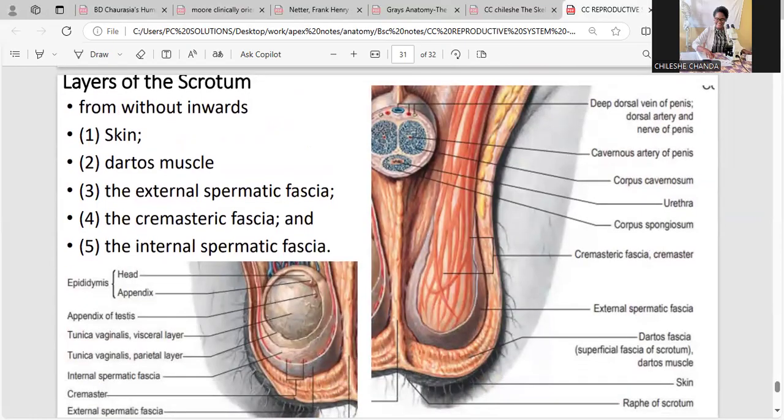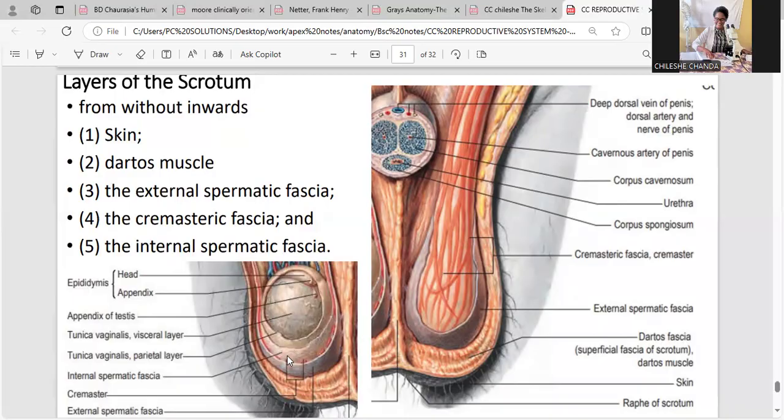Now, the layers of the scrotum. When you open up the scrotum, you're going to notice these nice layers. First of all, there is skin, obviously. Under the skin, we have the dartos muscle. We have the external spermatic fascia. Then we have the cremasteric fascia.